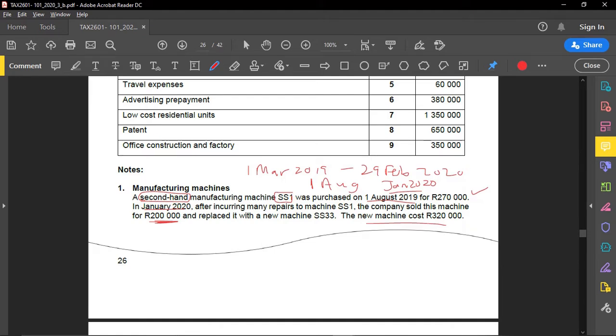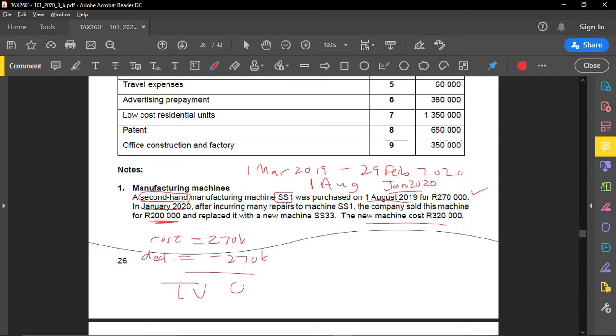The cost of the machine was 270,000. Did I get any deductions or allowances? Yes, I had the full amount as a deduction. So cost less deductions would give you a taxable value of 0.